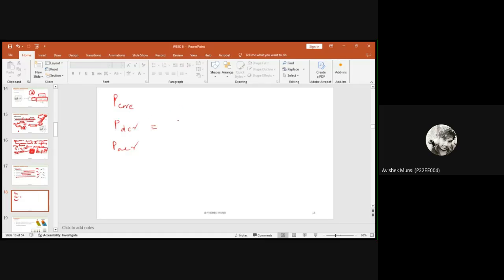It can be calculated as I RMS square into the DC resistance. This is basically the DC resistance of the inductor, and this is the RMS value of the current which is applied to the inductor.